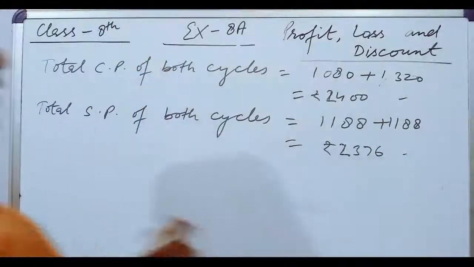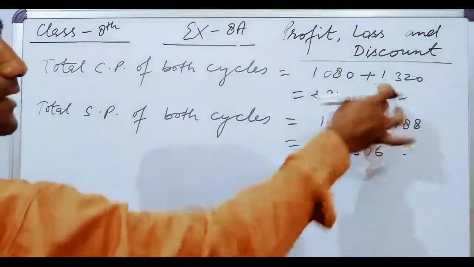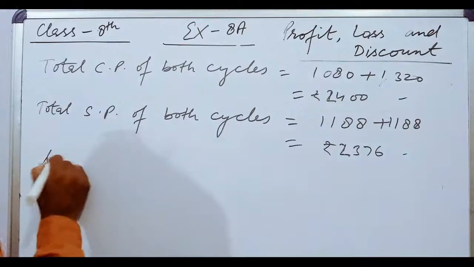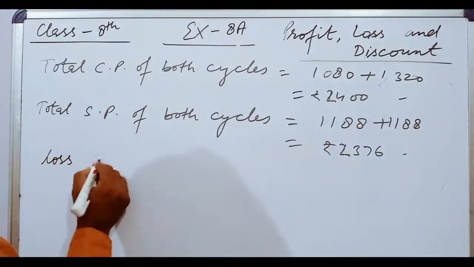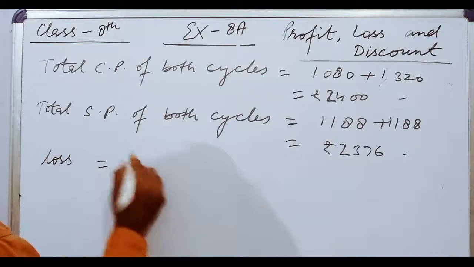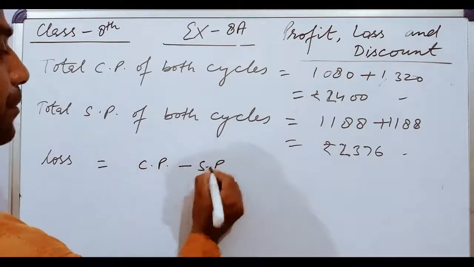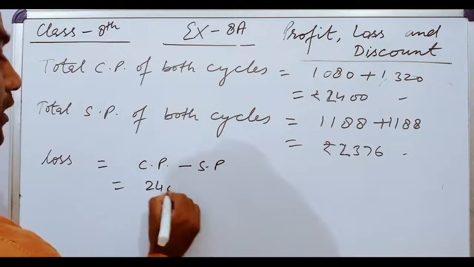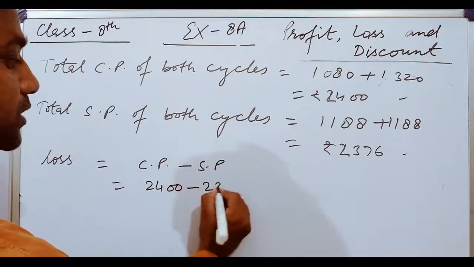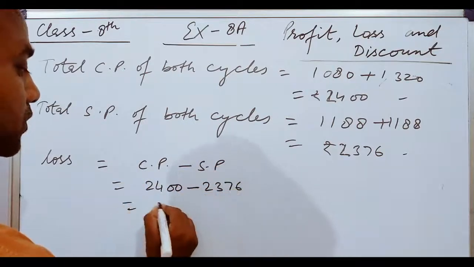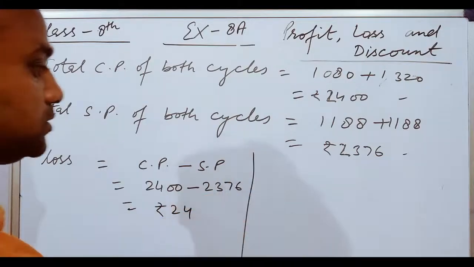Okay, now SP is less than CP, so you will get a loss equal to CP minus SP. CP 2400 minus 2376 equal to rupees 24.